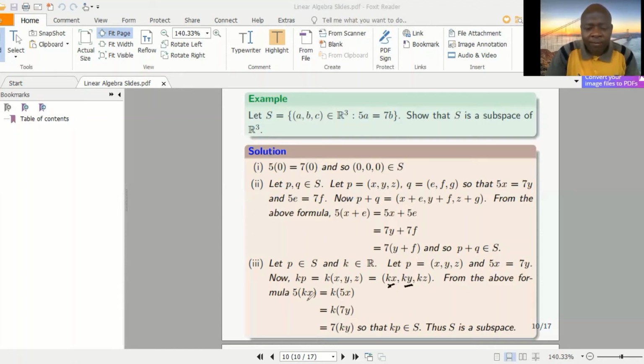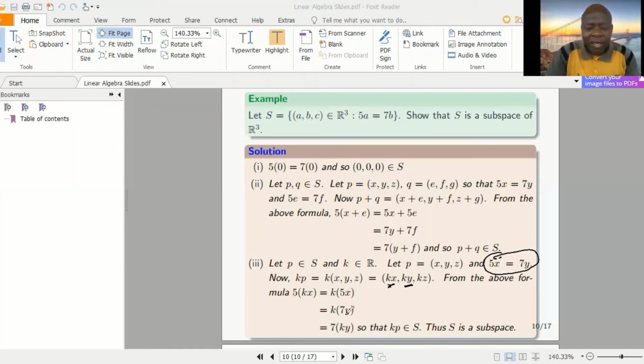I pick the first element and multiply by 5. Then you use associativity and commutativity, and I'll have K times 5x. But I know what 5x is. From here, 5x is 7y.